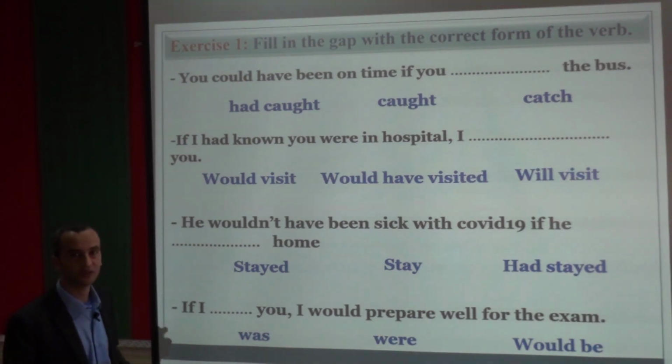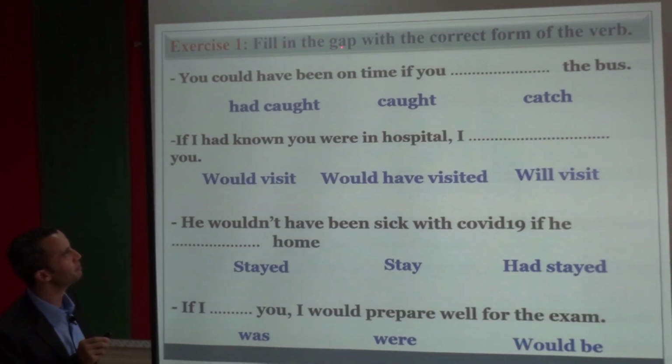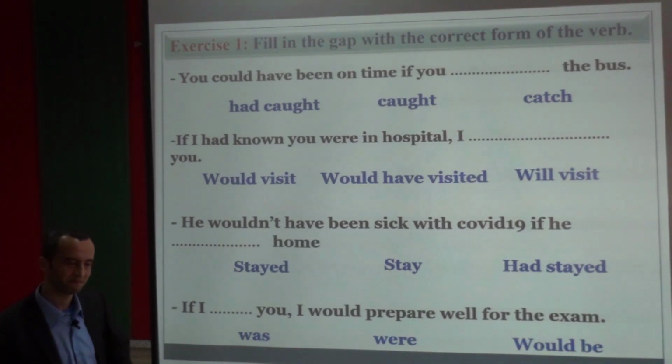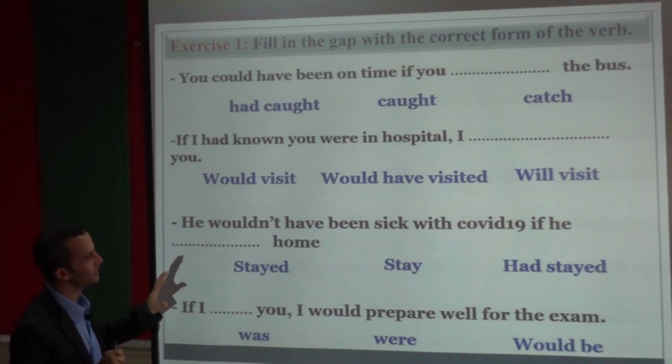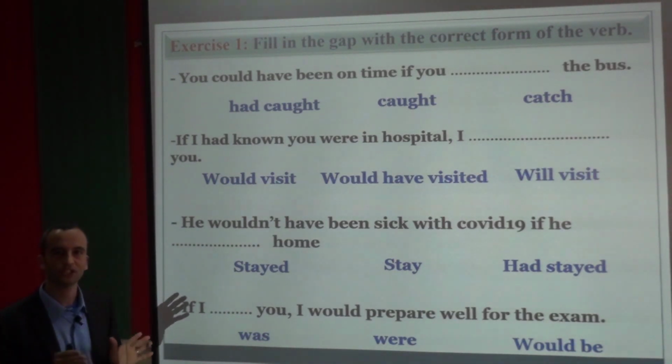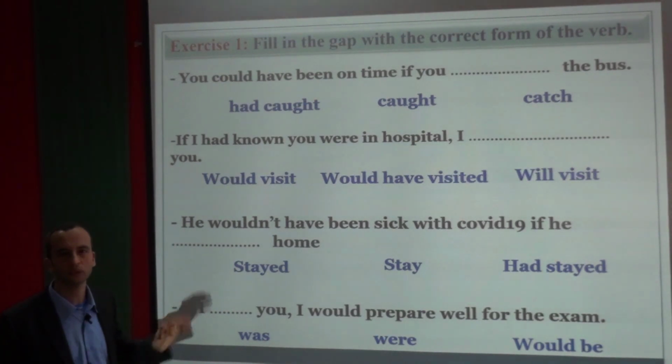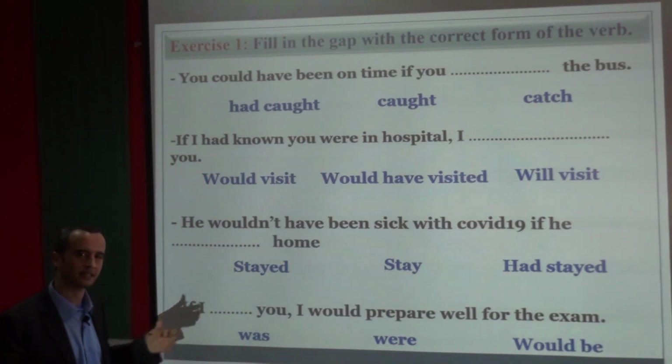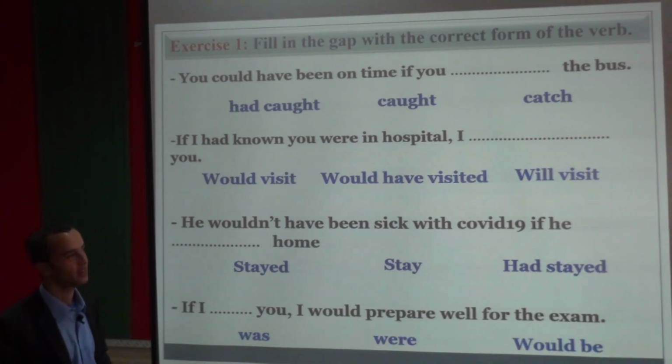Dear students, I want you please to fill in the gap with the correct form of the verb. So here, I want you please, dear students, to have this kind of strategy to deal with a certain exercise like this one. We are talking about conditional type 3. And we also talked about conditional type 2. So make sure that the form is there. Okay? Structure.